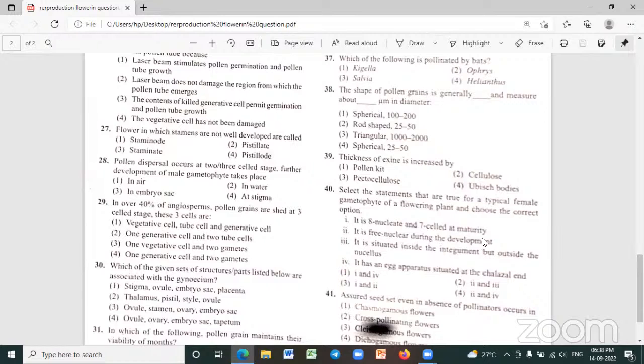Free nuclei during development are possible. It is situated inside the integument but outside the nucleus? No. It has an egg apparatus situated at the chalazal end? That is also not possible. So the correct answer is 1 and 2 only: it is 8-nucleate and 7-celled at maturity, and it has free nuclear stages during development.